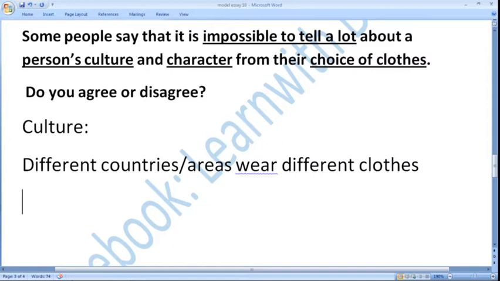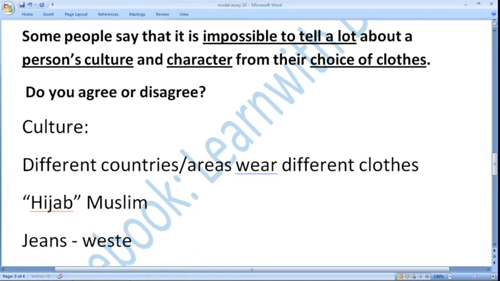You can give any example. For example, if a woman is wearing a hijab that Muslim women wear on their head and cover their mouth, we can predict from her clothes that she is a Muslim. We can predict about their culture. Similarly, if someone is wearing jeans, mostly jeans related to the Western culture.